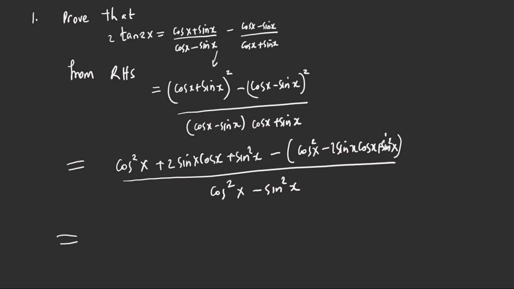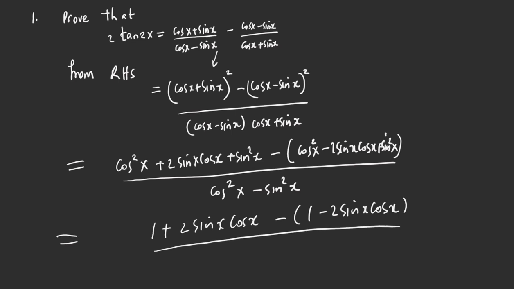Proceeding with the question, cos squared x plus sine squared x, that is 1, of course. So I'll be having 1 plus 2 sine x cosine x minus, in the bracket, 1 minus 2 sine x cosine x, then divided by cos squared x minus sine squared x.